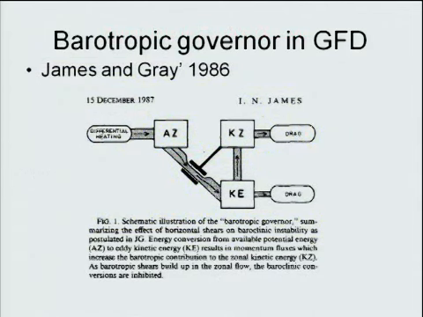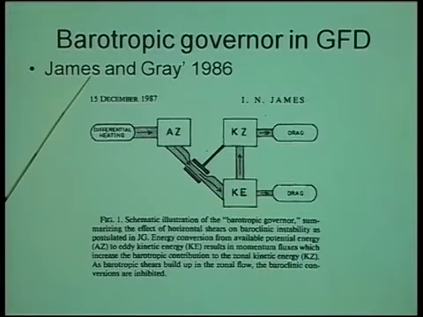And about the LH transitions in GFD, it's actually been discussed, and it even has its own name, barotropic governor. It was discussed in the paper of James and Gray, '86, and then James went on and wrote more about it.